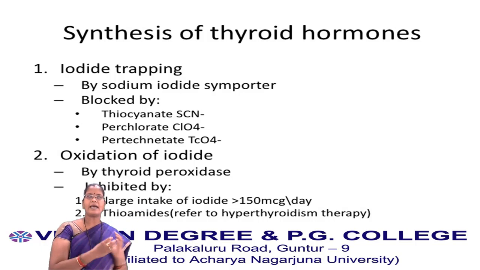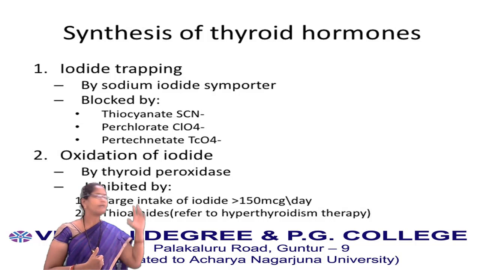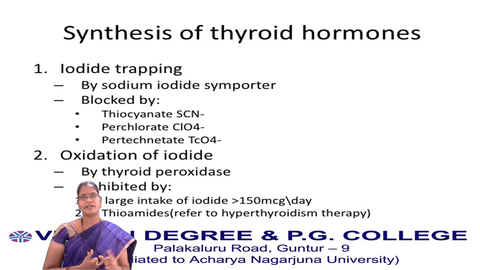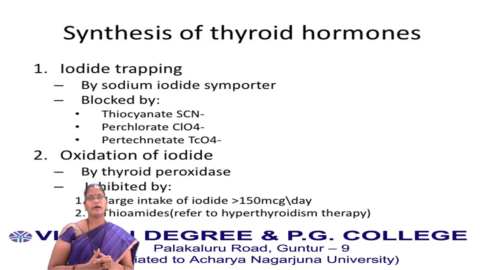Once the iodine is trapped in the follicle, the second step is organification or oxidation of iodine. This step takes place with the help of thyroid peroxidase. That means I minus is converted into I2.